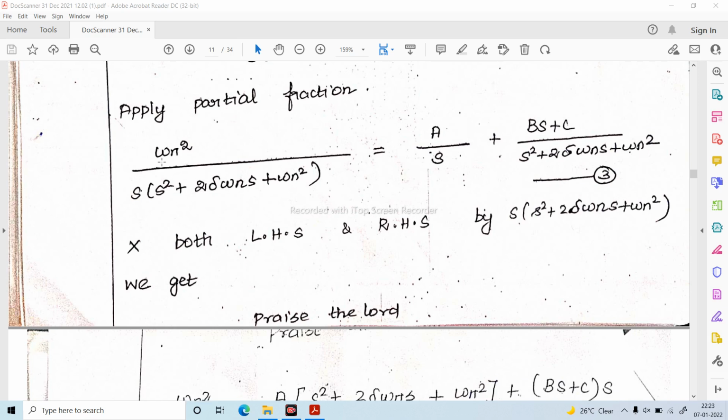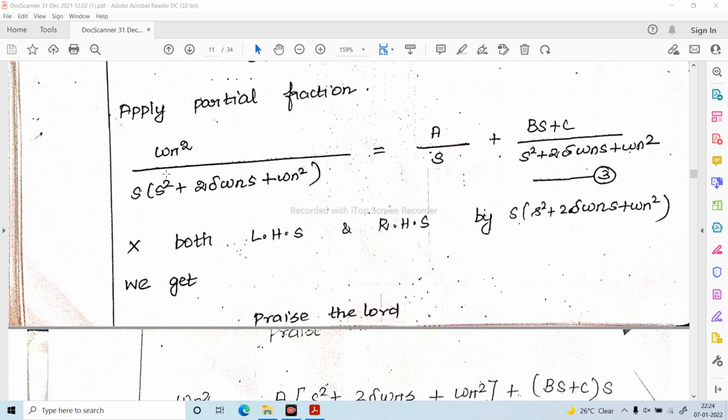So omega n square divided by s into s square plus 2 delta omega n s plus omega n square, that is equal to A by s plus Bs plus C divided by s square plus 2 delta omega n s plus omega n square. So both RHS and LHS are multiplied by s into s square plus 2 delta omega n s plus omega n square.